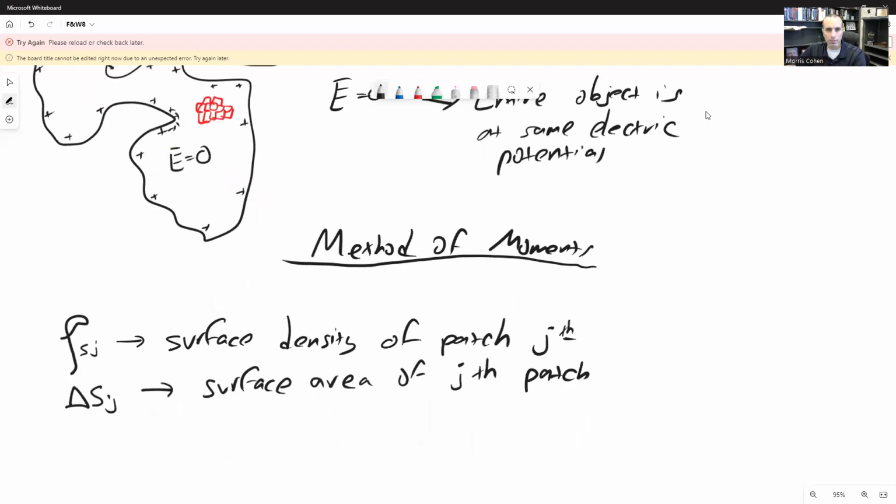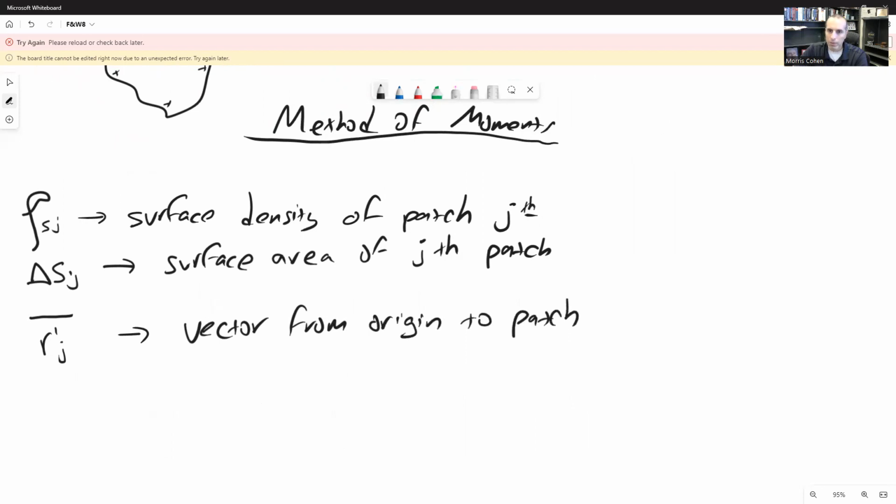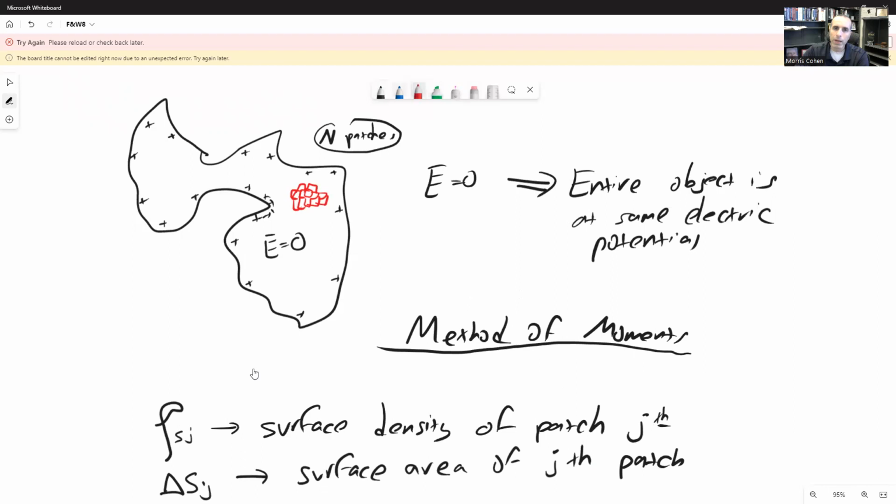Let's keep going here. I'm going to define one or two more things. We're going to have a vector r prime j, which is a vector from the origin to patch j. Before we set up a problem like this, we're going to have an origin, and we're going to have a vector that points from the origin to one of those little patches in the surface.